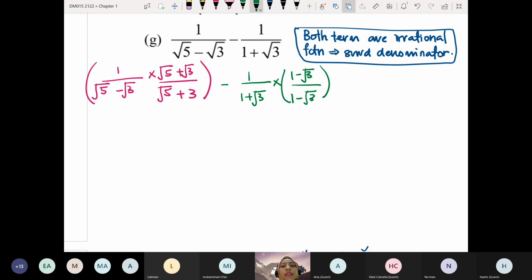You can put brackets there, it's fine. Okay, we solve one by one. Let's try the pink one first.